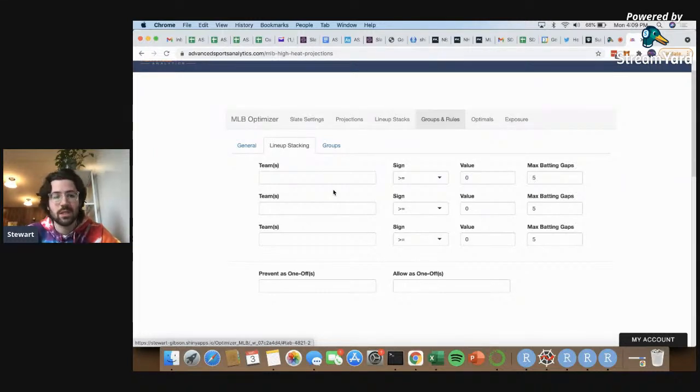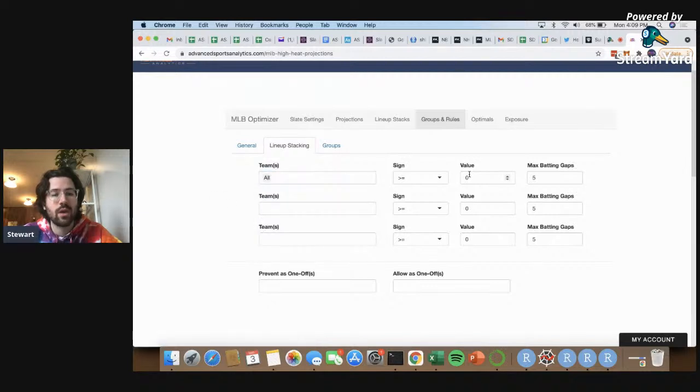If they steal a base to get in a scoring position, you want the cumulative or correlated positive outcomes that can occur in a game. And sometimes MLB DFS can be less about picking the right players and more about just picking the right team, or the right set of players. So that's where the lineup stacking tab comes into play.